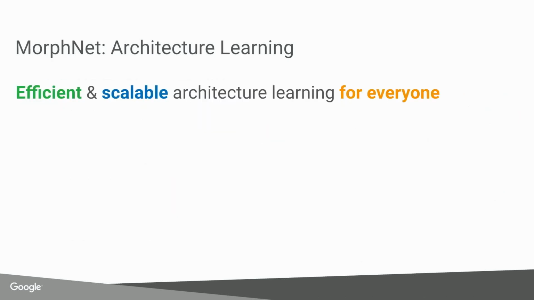So what we want to propose is something different, something that we think of as architecture learning and not architecture search. We'd like it to be efficient, to be scalable, and to work for everyone. What do I mean by that? It should be efficient and trade off in an interesting and good, hopefully optimal, way the resource constraints that you actually care about and the performance.